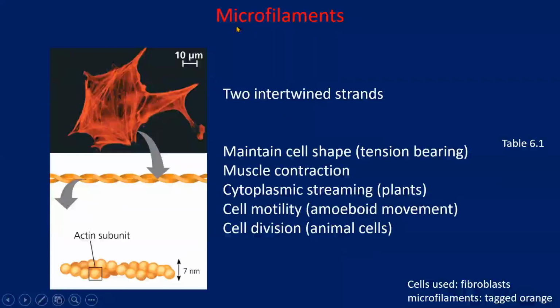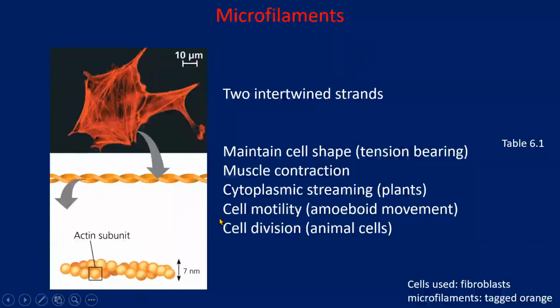The second type is microfilament, and over here you can see the microfilament has this particular shape, or you can say there are intertwining strands, just like a hair braid, and with that it can support the cell. When you think about muscle contraction, the microfilament plays a role.